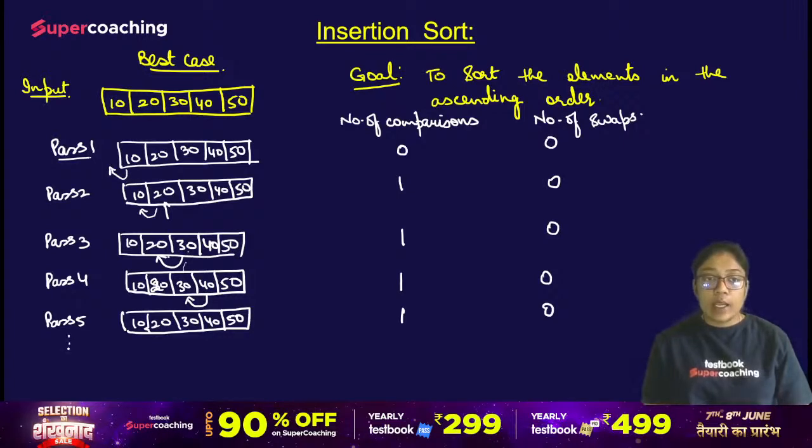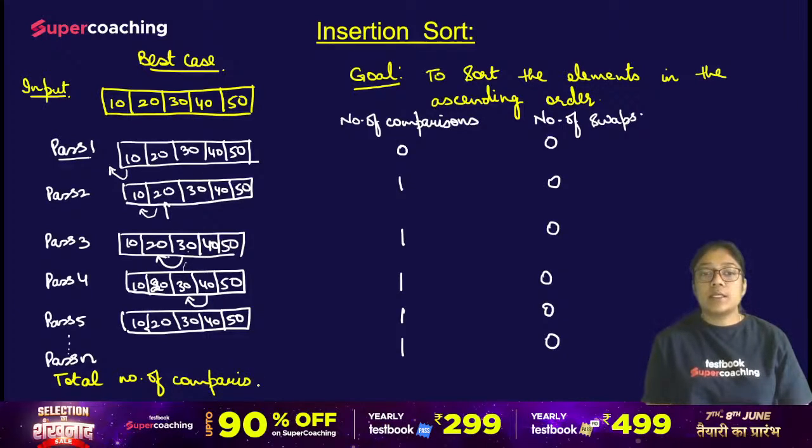So this way, if we go to the nth pass, it will be taking one comparison and no swap. If we find out the total number of comparisons here, कितने comparisons हो रहे हैं? n पास है, पहले पास में कोई comparison नहीं हो रहा, बाकी के remaining n minus 1 passes में only one comparison is taking place.